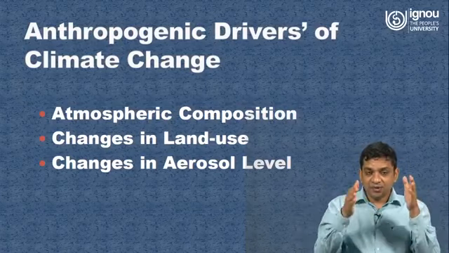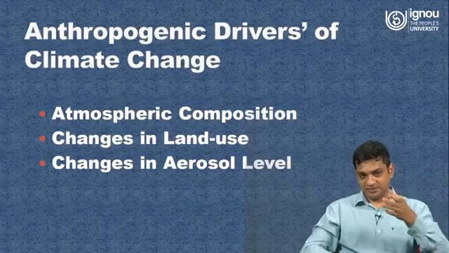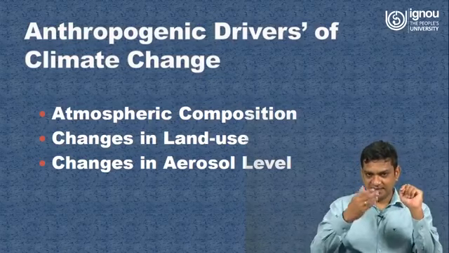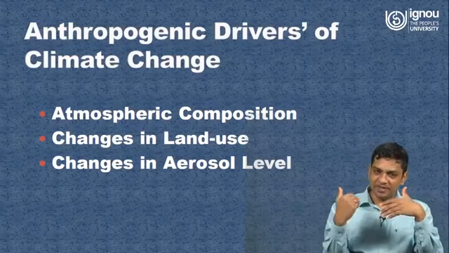And look at the data on sea level rise. Sea level has risen in the last century by 0.19 meters, 19 centimeters, because of human activity. That is also an indicator of climate change.